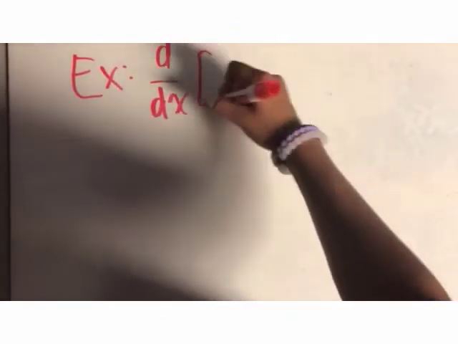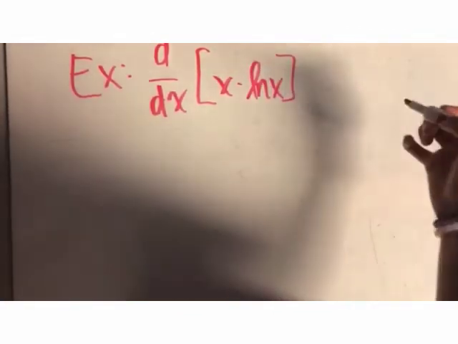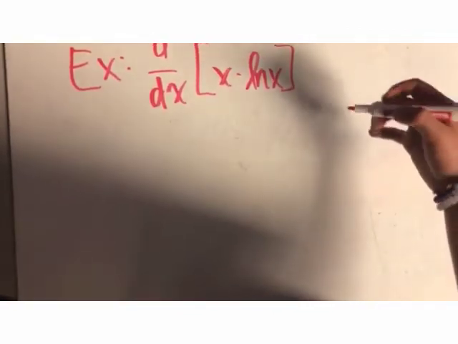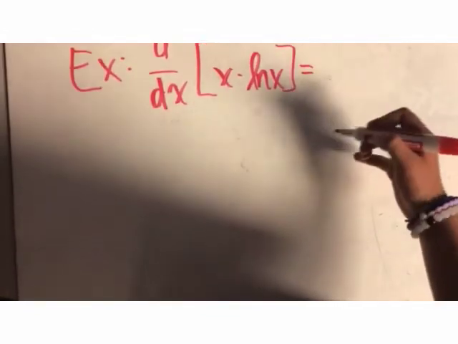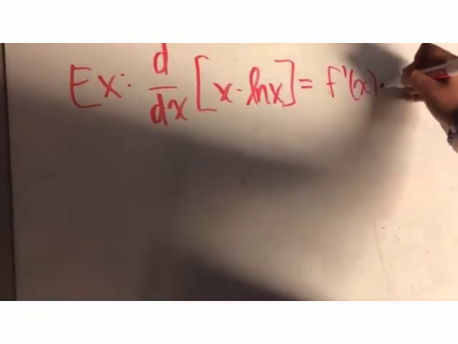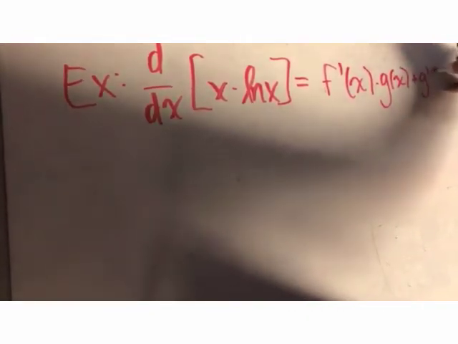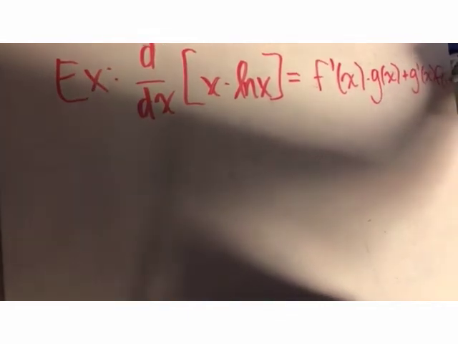Now for our second example. To find the derivative of x times ln of x, this goes back to the product rule for derivatives. So what I have to do is take my f prime of x times g of x plus g prime of x times f of x.